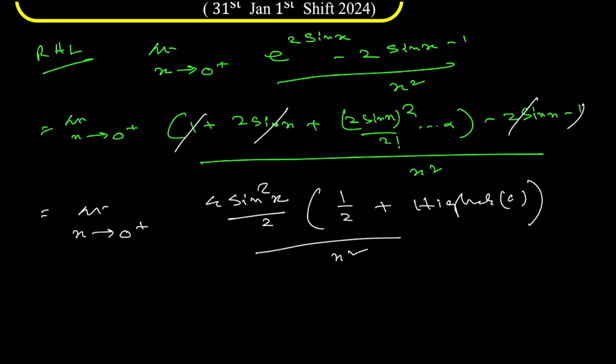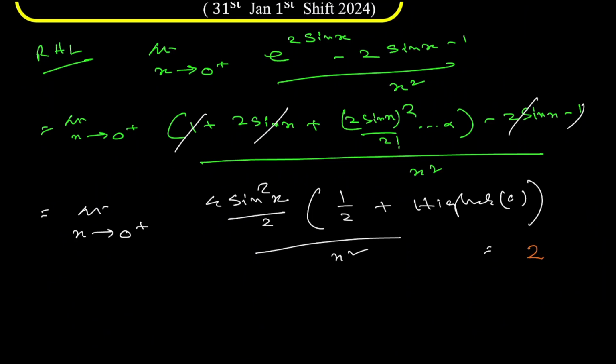So finally we are getting 4 by 2, this is sin square x by x square, which is 1, and this is 4 by 4. Finally we are getting the answer to be 2.